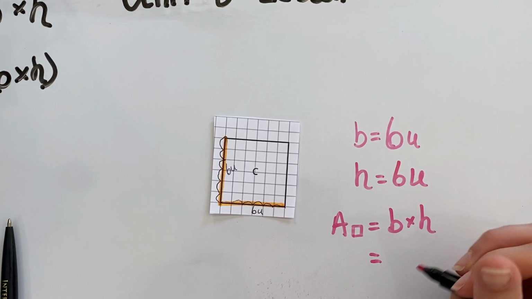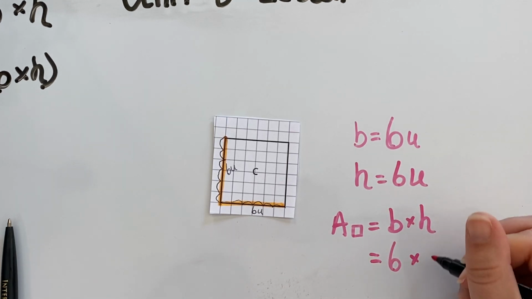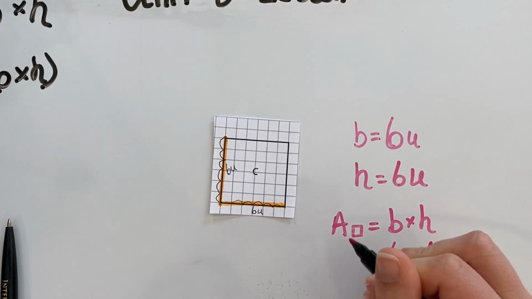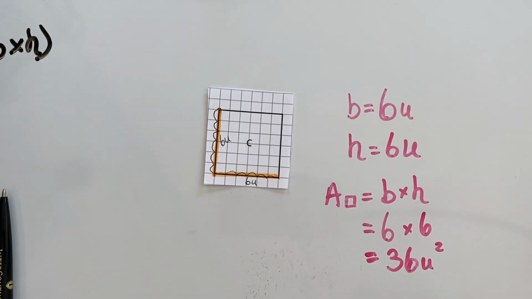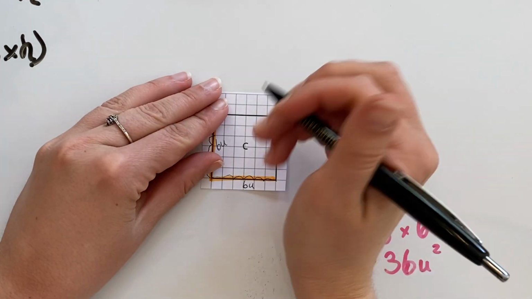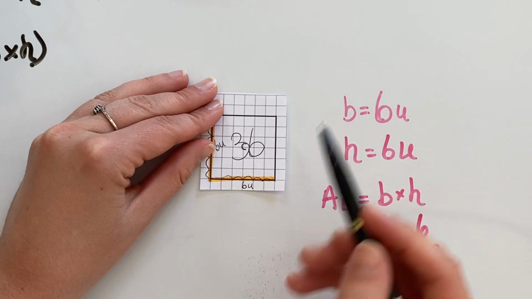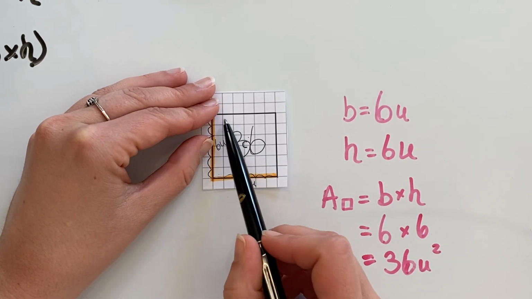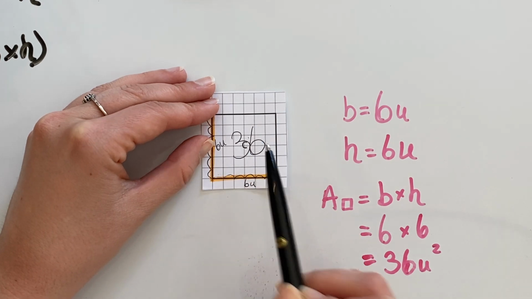So my base is 6 times my height, which is 6. So my area is 36 units squared. So here we're going to write 36. And that means inside of this square there are a total of 36 little squares within the bigger square.